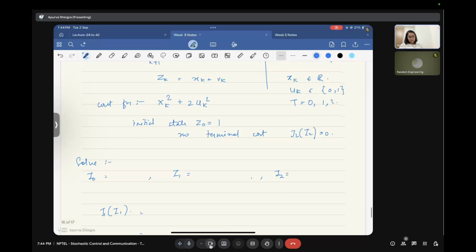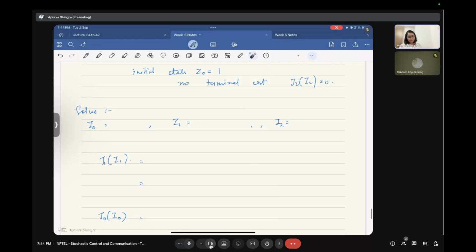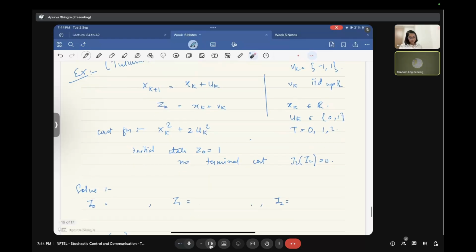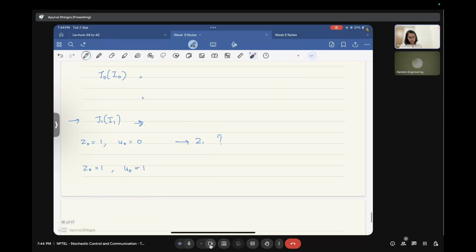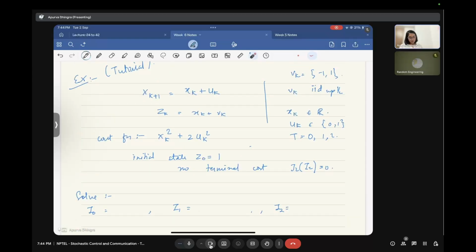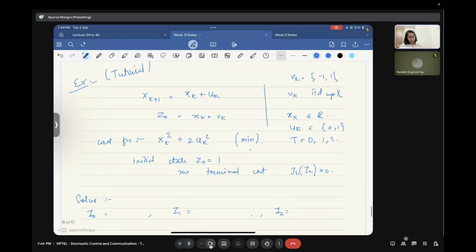The idea would be to define what is the information at each time step. Here, minimizing or maximizing, we can do either. I did not write it, so let's minimize. Anything else required in the description of the problem?